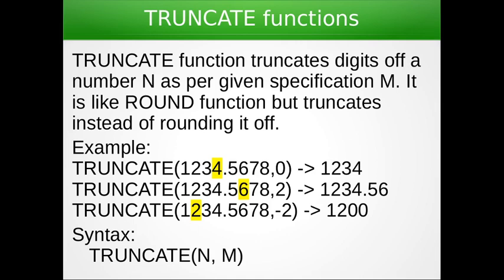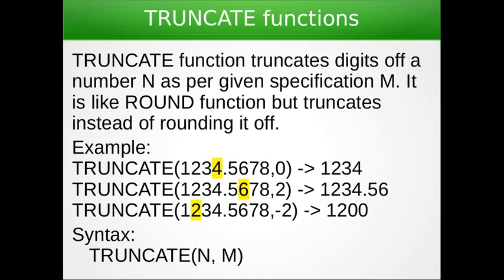You may give the second number, you may not, but here two numbers you have to give. The syntax of truncate function is truncate within bracket first number n comma second number m.